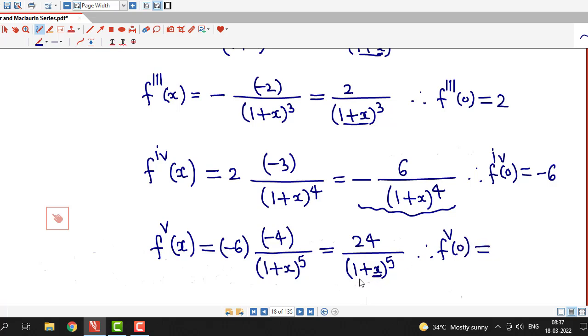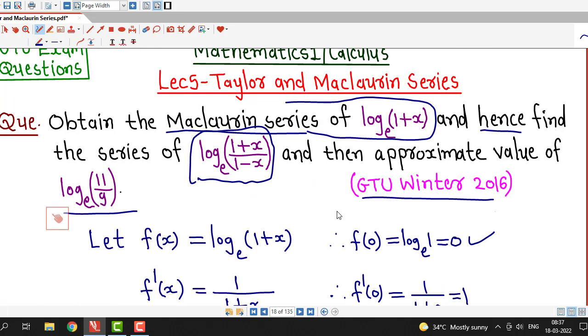For x equal to 0, here we have 1 plus 0, that is 1 to the power 5. So fifth derivative is 24 at x equal to 0. So we have obtained derivatives up to fifth order and I think this is enough for our Maclaurin series.